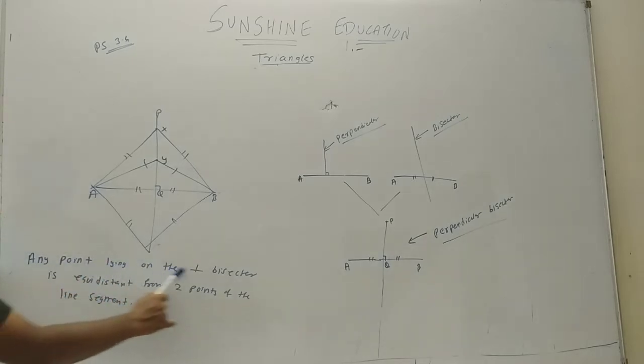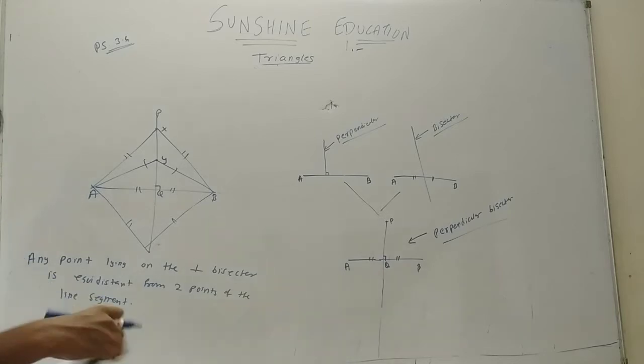Okay, any point lying on the perpendicular bisector is equidistant from the two points of the line segment. So this was the first property. Please write it down.